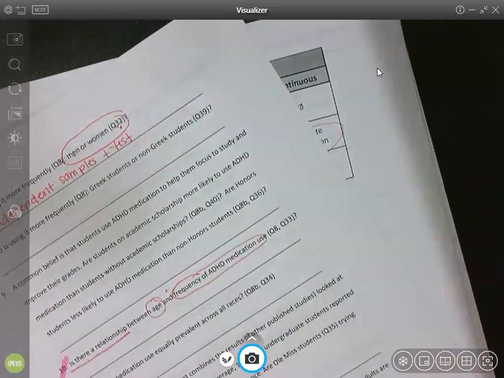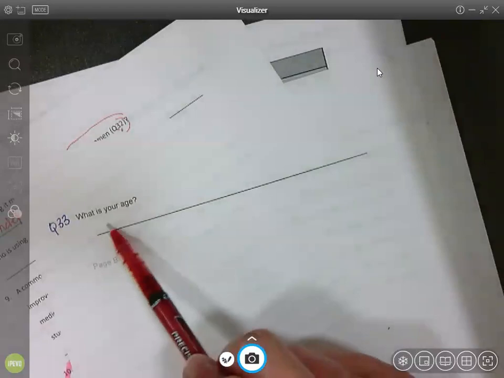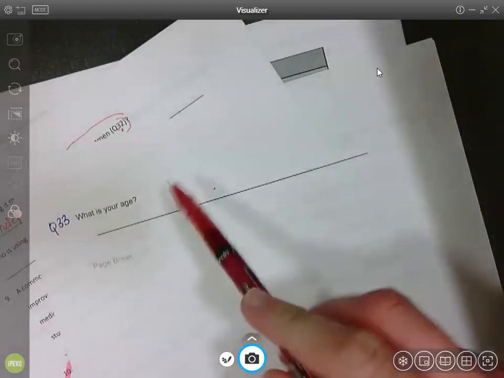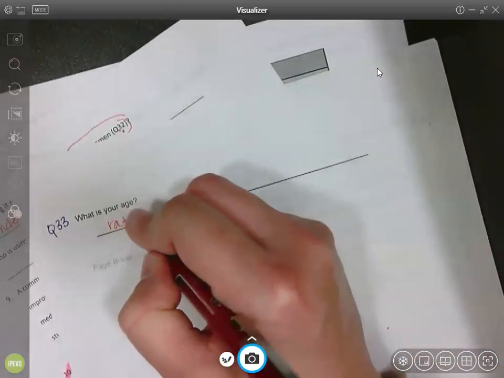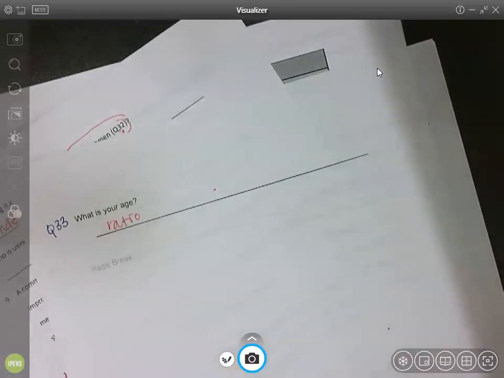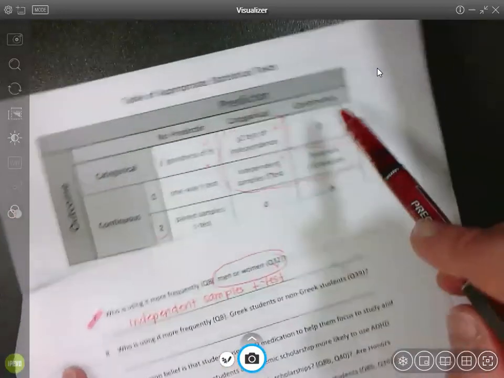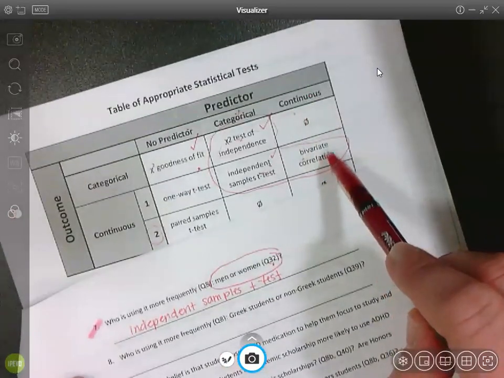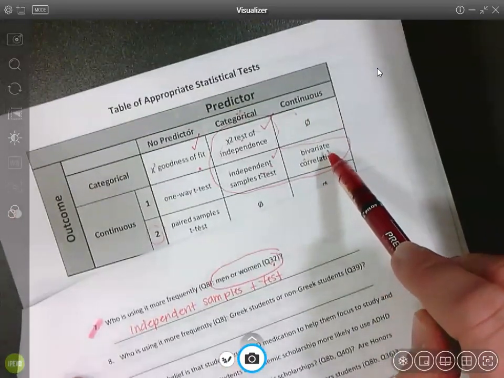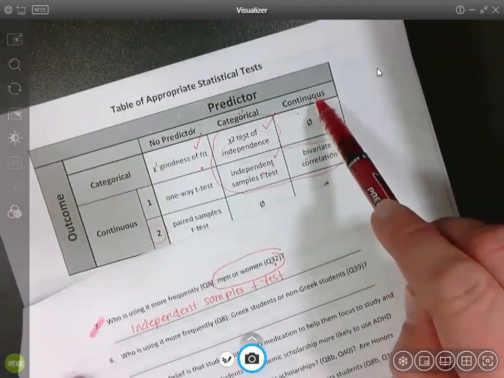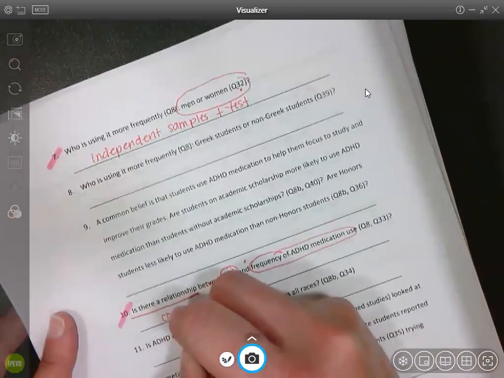Let me get all the way back there in the survey. My survey's out of order. Q33 asks, what is your age? And they just write in a number on a blank line. So this is ratio, which gives us continuous data. So we have a continuous predictor variable. Without even looking at the second variable, we know we have to be doing a bivariate correlation, because it's the only test we know to do when we have a continuous predictor. So 10 is going to be correlation.